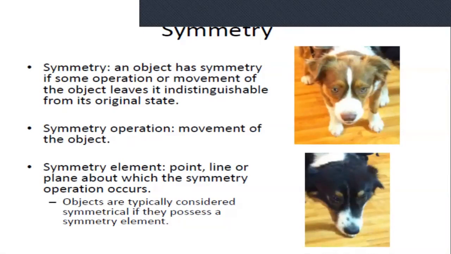So we'll be talking about symmetry elements when you perform those elements, those movements on a particular object, then it becomes a symmetry operation. That's the only difference between the two. Element is the actual symmetry. The symmetry operation is when you perform that element on an object or set of coordinates.